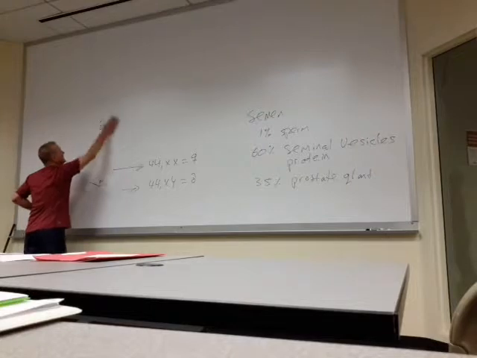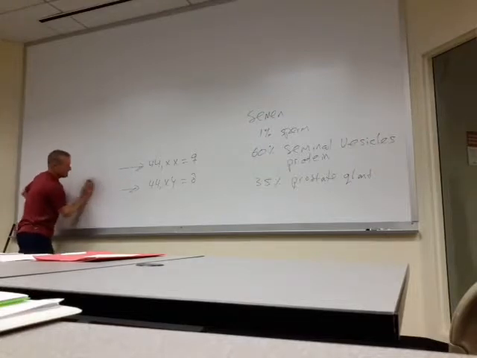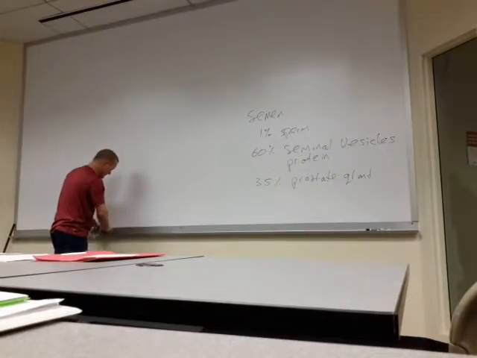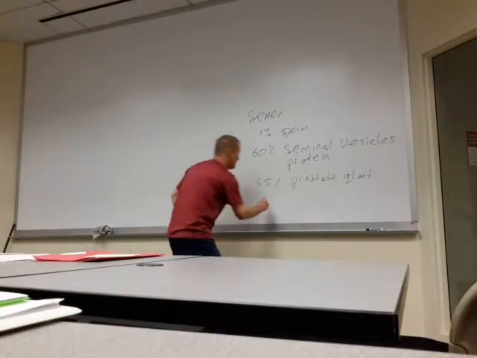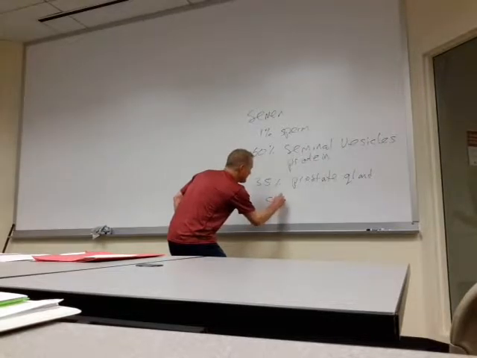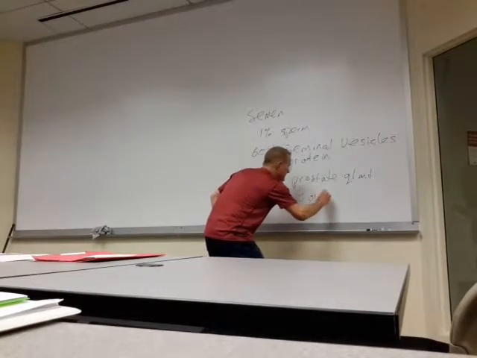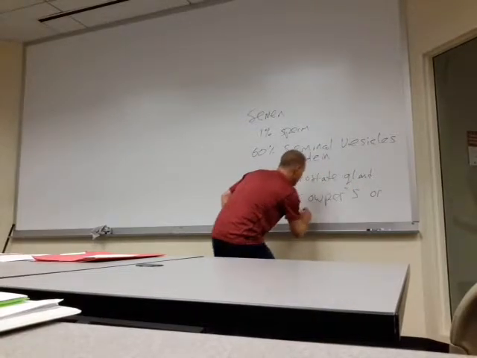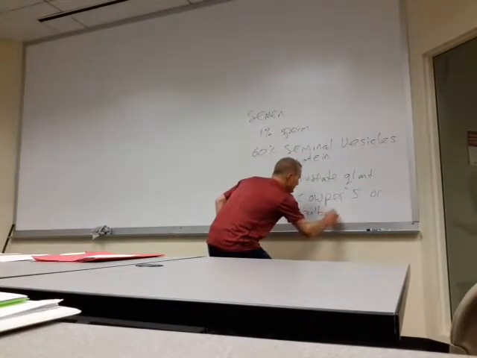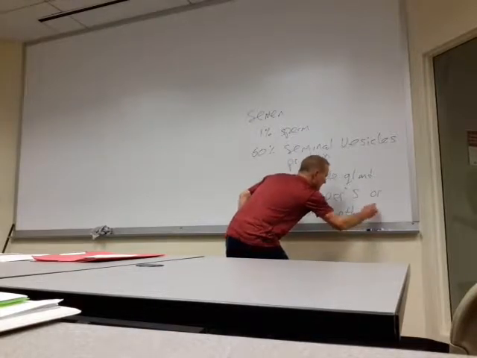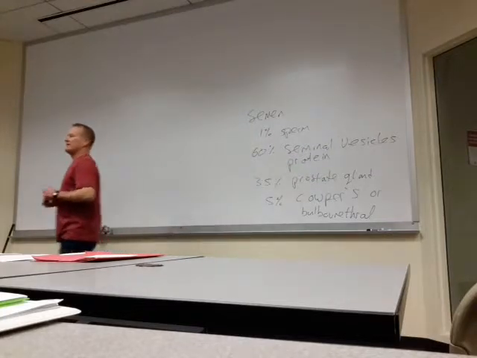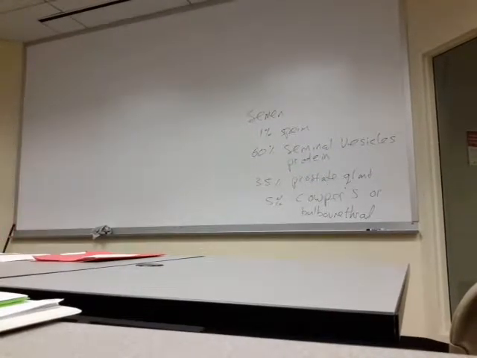And then finally, a little bit of the semen comes from the bulbourethral or Cowper's gland, maybe 5%. I say a little bit because what the bulbourethral fluid truly is, it's a lubricating fluid. It's known as pre-ejaculatory fluid.